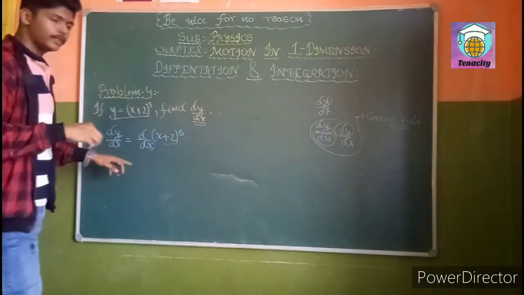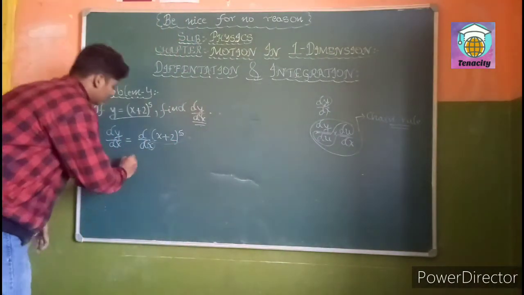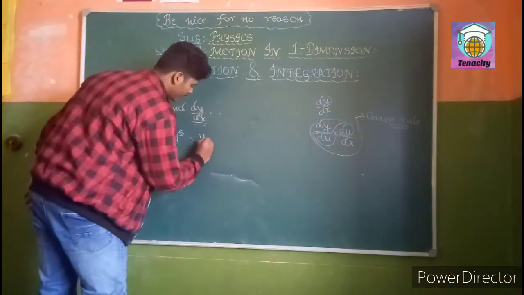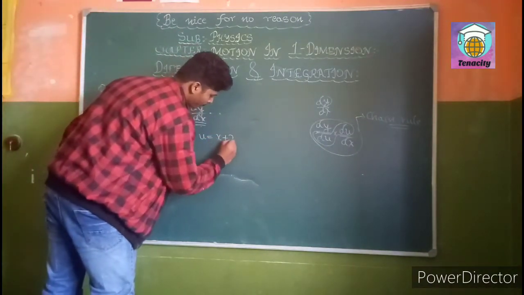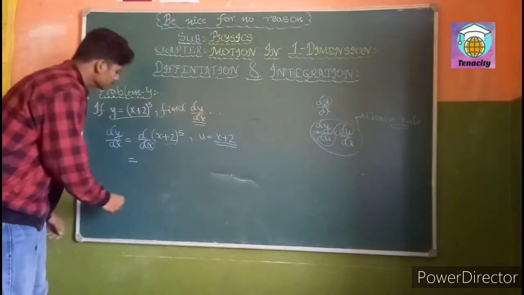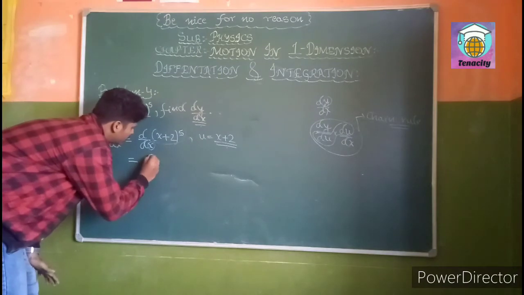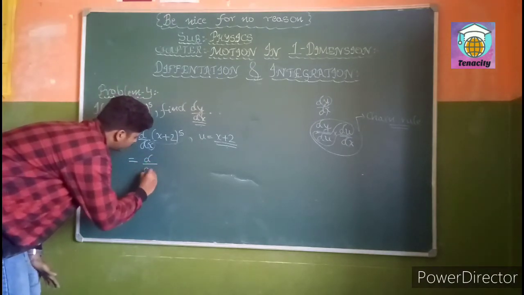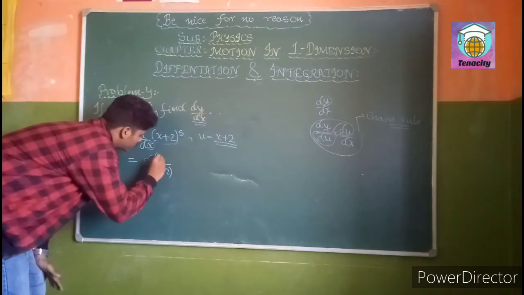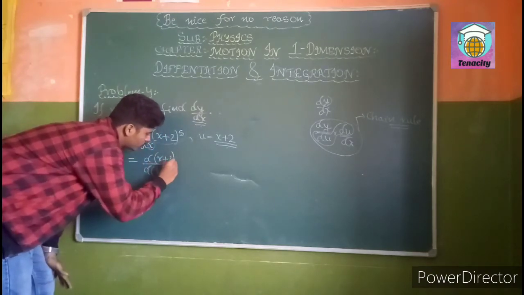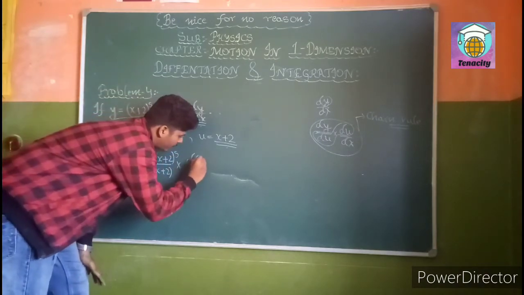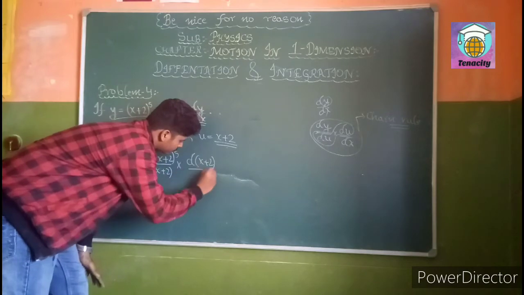Okay, let us see how we will solve this problem. You consider u to be x plus 2. So d by d(x plus 2) of (x plus 2) to the power 5, into d(x plus 2) by dx.